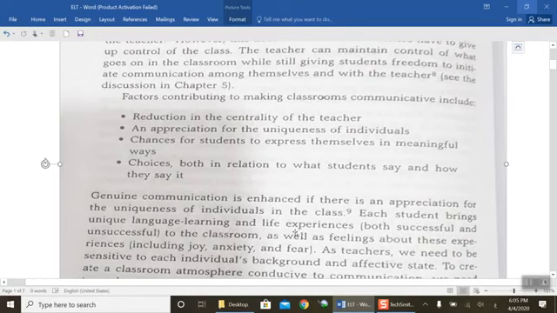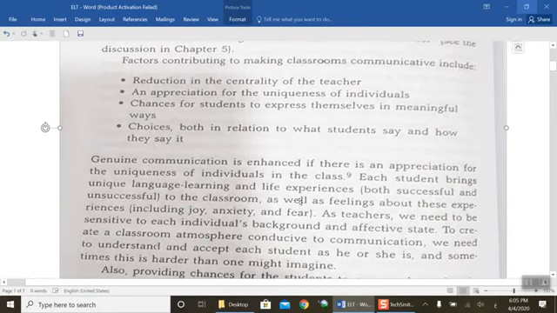Of course, each student has their own experience and beliefs concerning learning, both successful and unsuccessful, to the class.